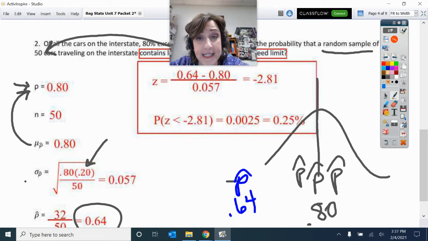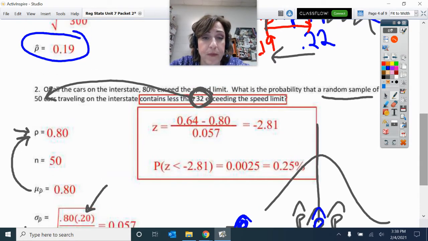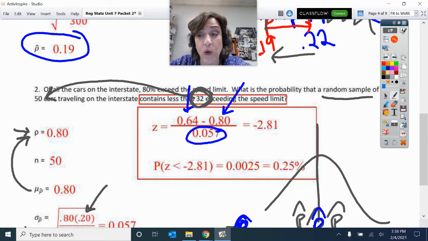I need to see how far away the sample I got is from what was expected to happen here at the center. So I z-score it. My p hat, see how far it is away from the claimed center in terms of standard deviations. Negative 2.81.